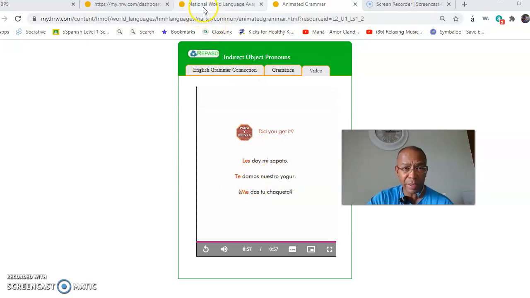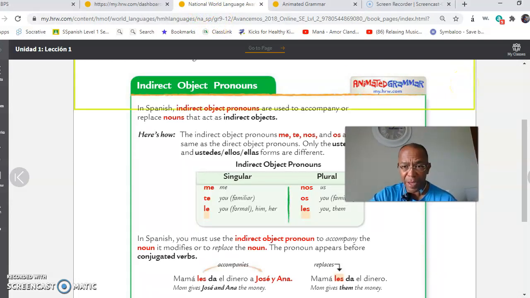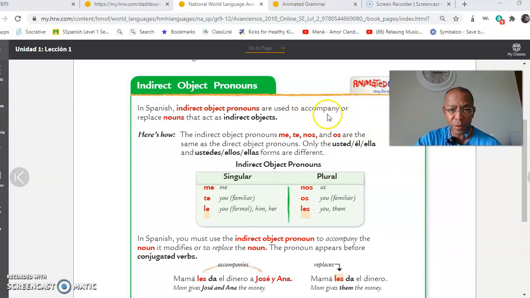So let's get more into that. As you can see here from the page that we are on, which is page 42, it says right here, indirect object pronouns are used to accompany or replace nouns that act as indirect objects. The indirect object pronouns are this: me, te, le, nos, and les.